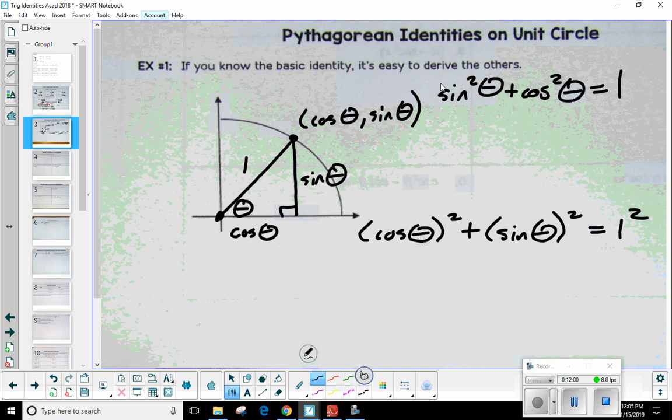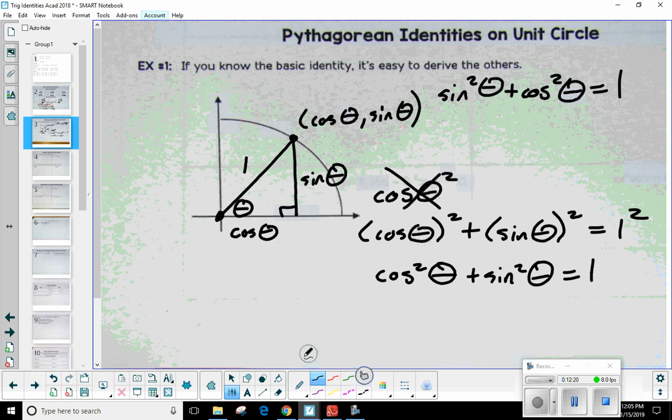Well, when I square a trig function, I'm going to say cosine squared of theta. I'm not going to say cosine of theta squared. That's not correct. You're not squaring the variable, you're squaring the trig function, or whatever it is you're doing to it. So this one right here would be sine squared of theta, and of course it equals 1. Okay, and that's exactly the identity that we were talking about.